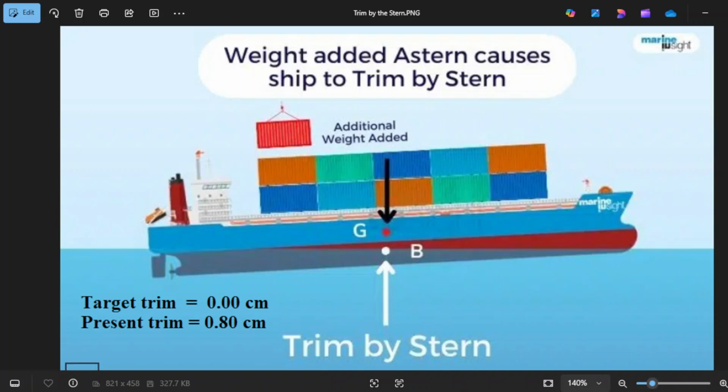Okay, it is negative because when you trim with the 80 centimeters, the direction of the vessel will be in a clockwise direction. This will go up and this will go down, so it's in a clockwise direction.